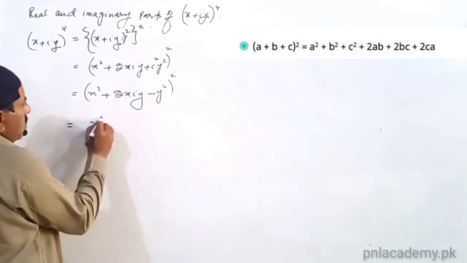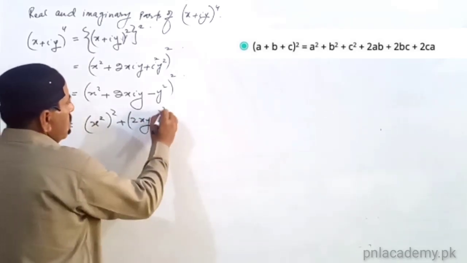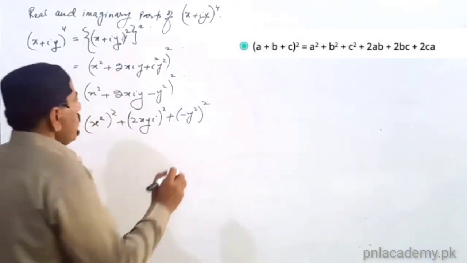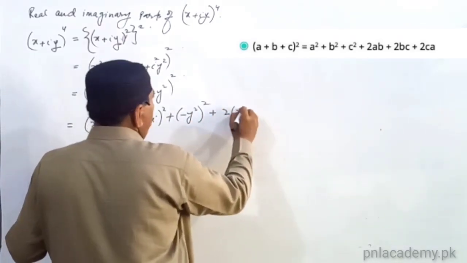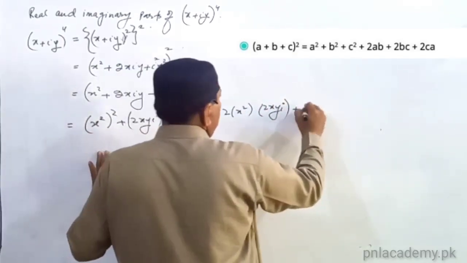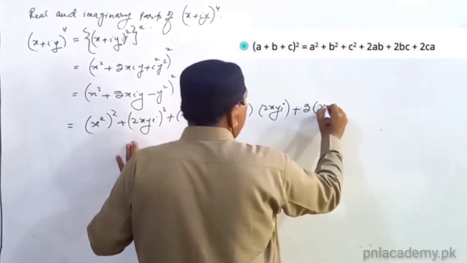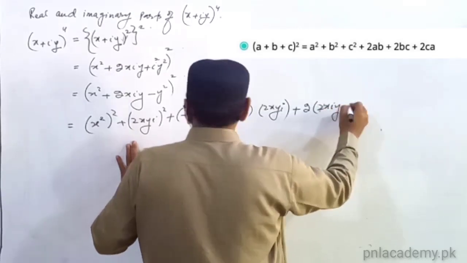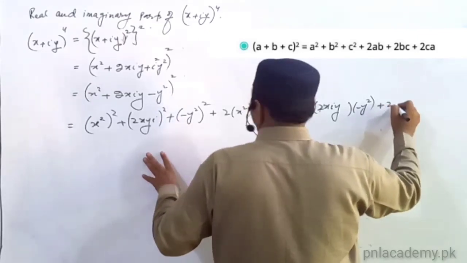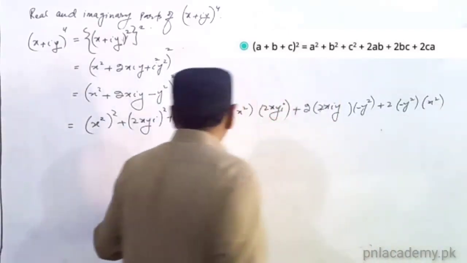This will be (x^2)^2, (2xyι)^2, (−y^2)^2, plus twice of x^2 and 2xyι, plus twice of 2xyι and −y^2, plus twice of −y^2 and x^2.